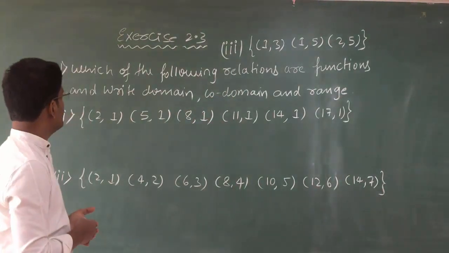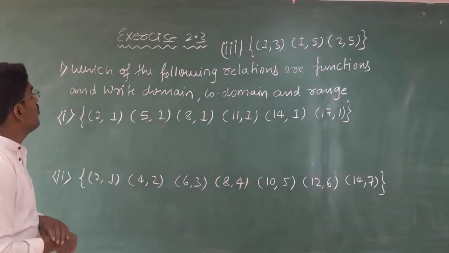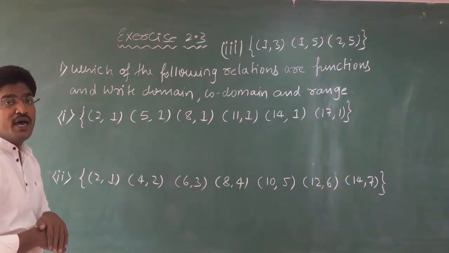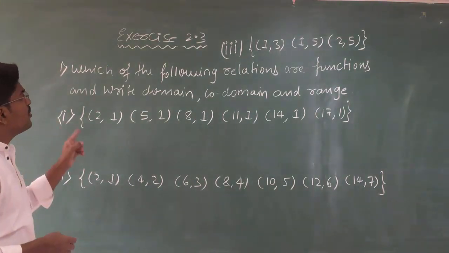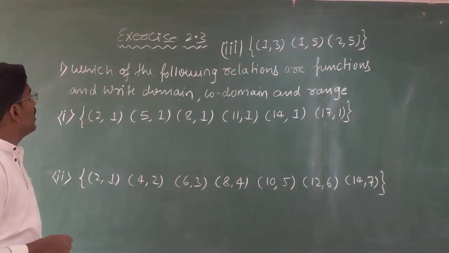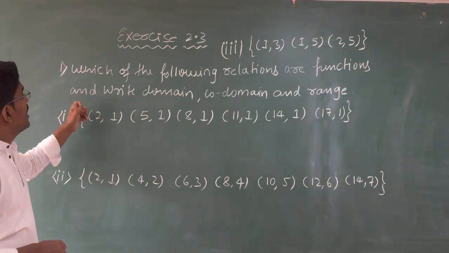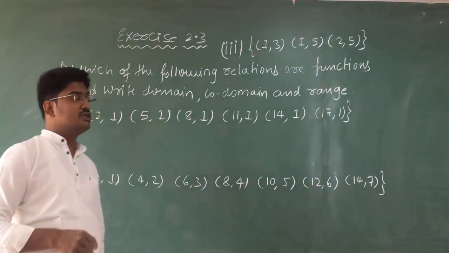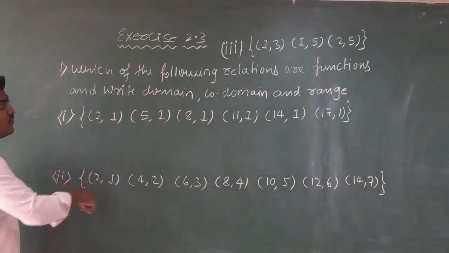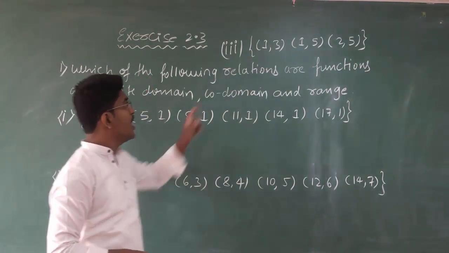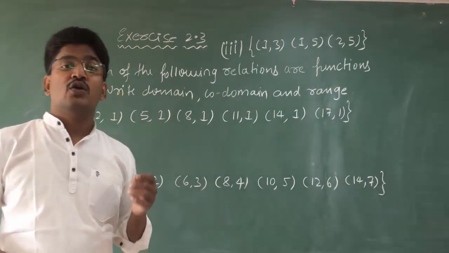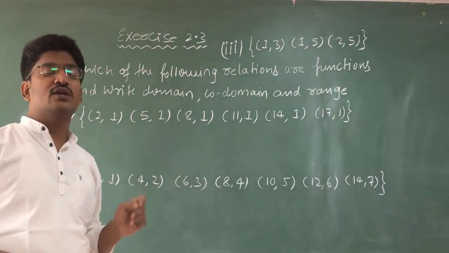Clear? So now we shall go for problems one by one. Which of the following relations are functions, and write domain, codomain and range. They have given three relations 1, 2 and 3. From these three relations they are asking which of these are going to be a function.